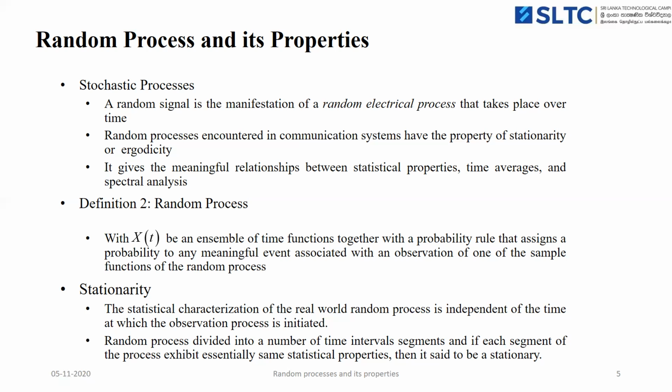So how to check that property? You can see here the random process is divided into a number of time interval segments. Then if each segment of the process exhibits essentially the same statistical properties, then it is said to be stationary.